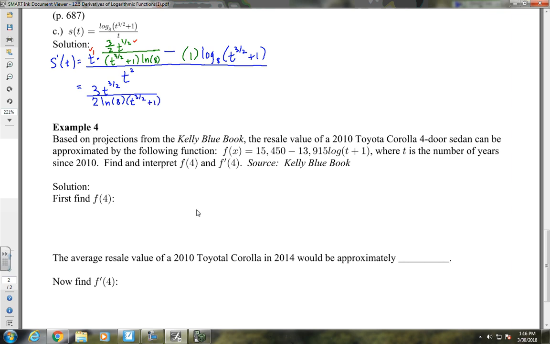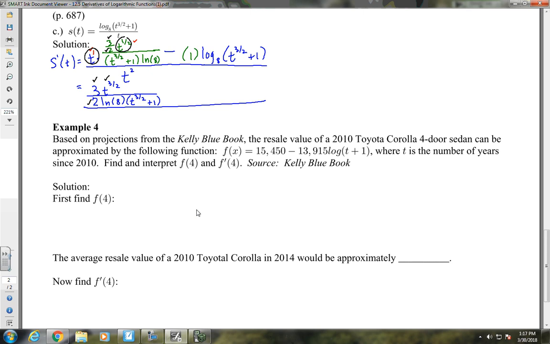Whew, a lot of stuff just happened. Did you keep up with all that? So again, we did t to the first times t to the 1/2, and that gave me t to the 3/2. The 3 from the 3/2 landed right here. The 2 in this denominator moved to the main denominator here.